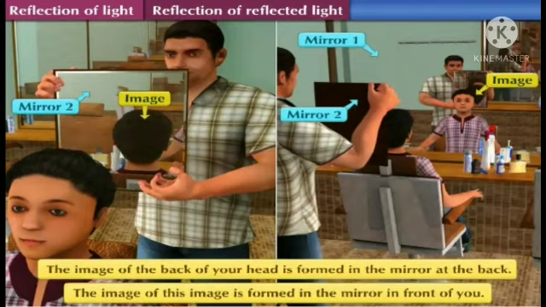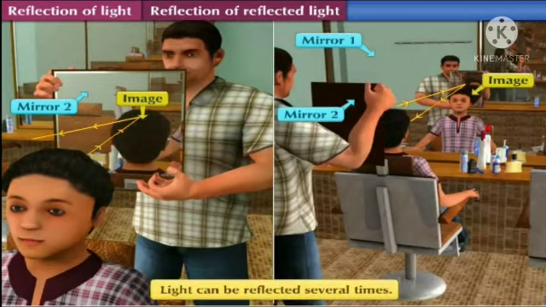The image of this image is formed in the mirror in front of you. So that's why we are able to see our hair on the neck. In this example, light can be reflected several times.